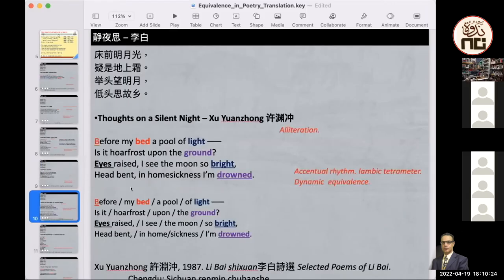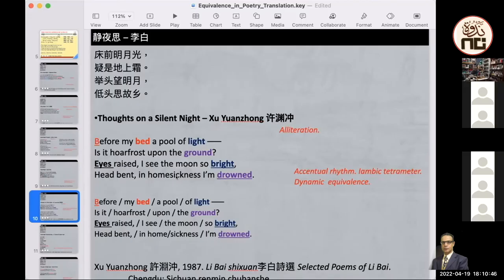Another translation, this is a Chinese translator, Xu Yuanchong. He is a very famous Chinese translator, and he's very well known for translating classical Chinese poetry into English.